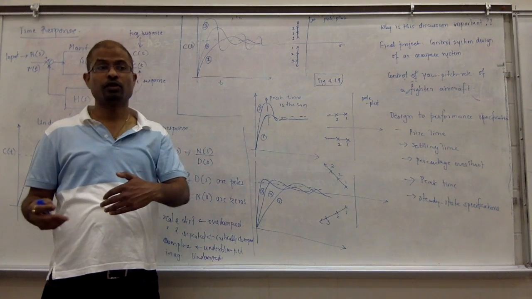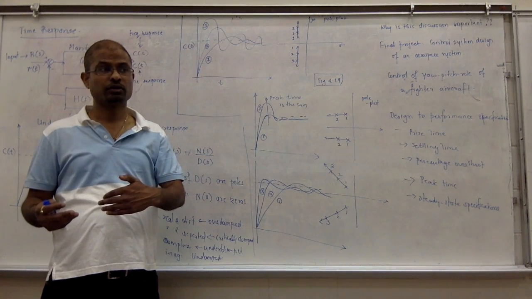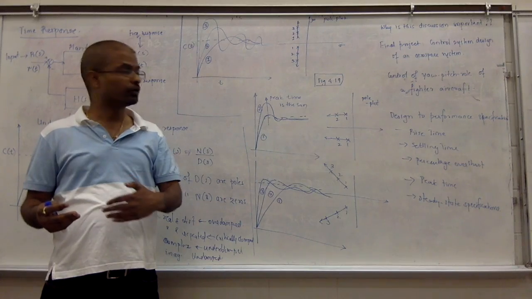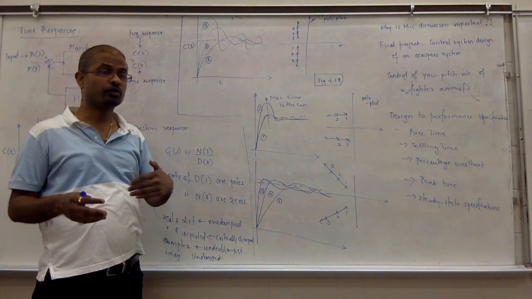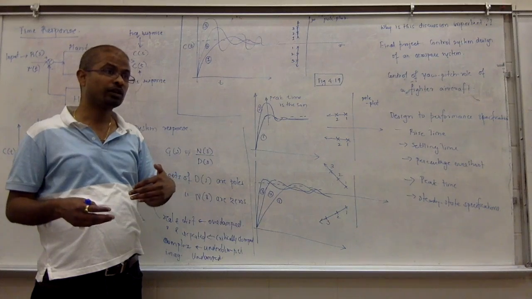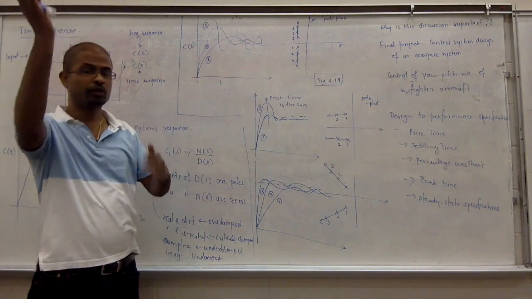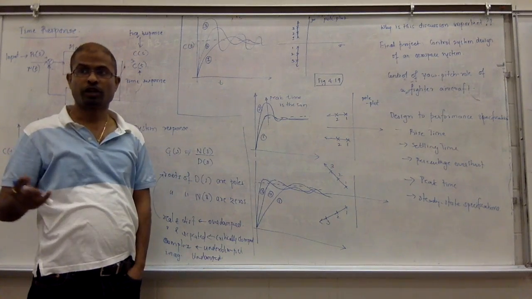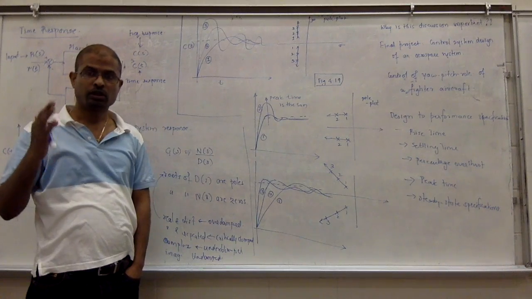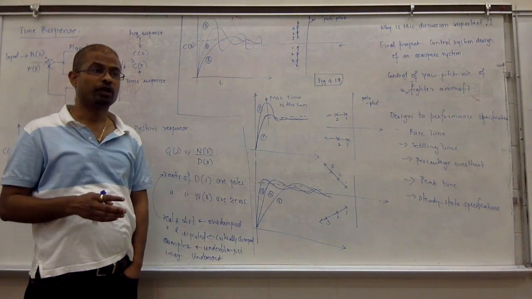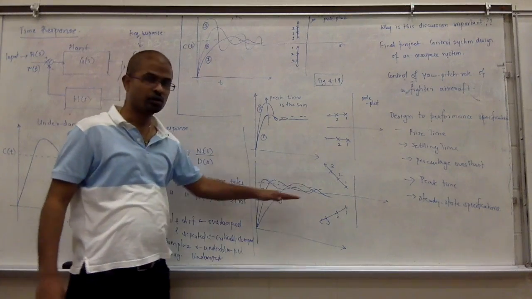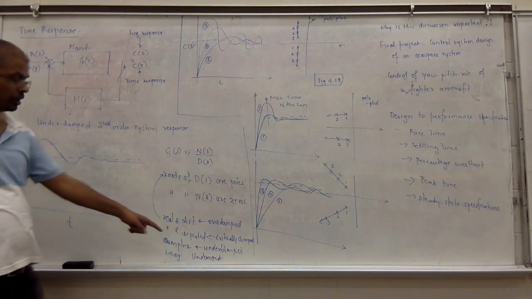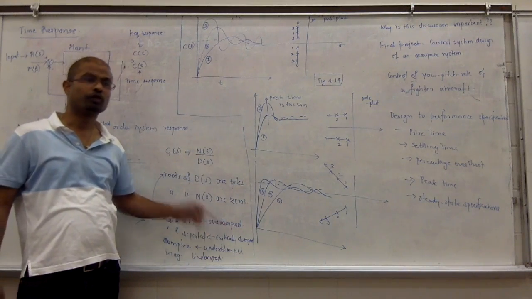If you're designing a nuclear reactor, will you try to design a nuclear reactor which will settle very quickly or which will rise very quickly? You will not take that risk. You will compromise on the performance of the nuclear reactor, but you make it robust. So this system is okay. Or you might go with an over-damped system for a nuclear reactor.